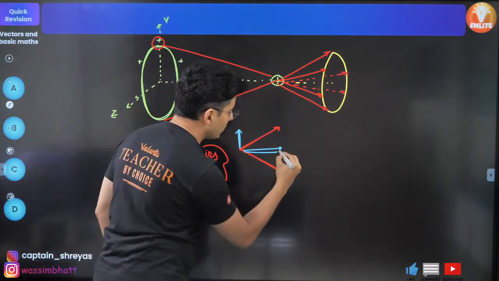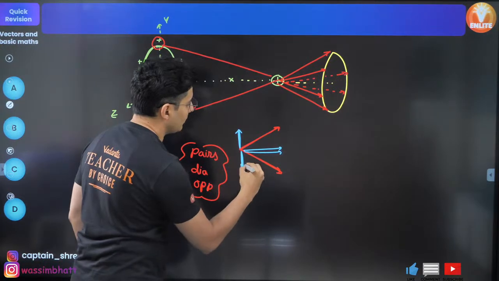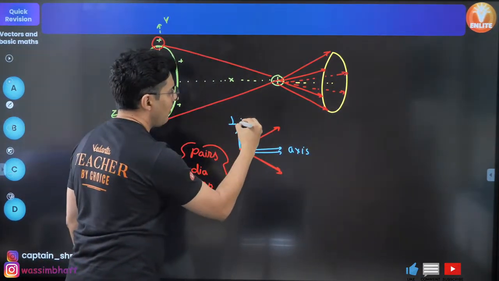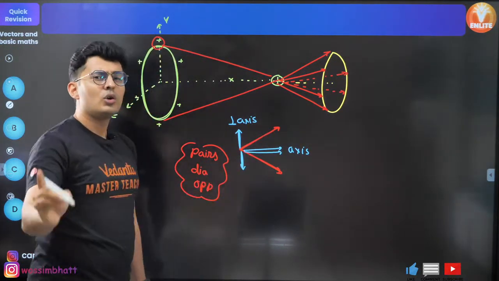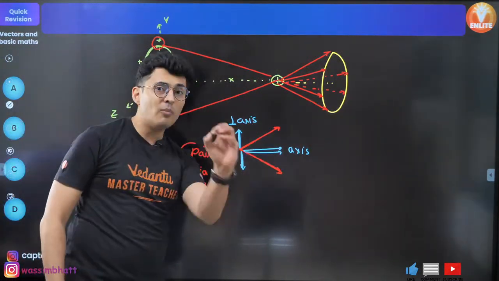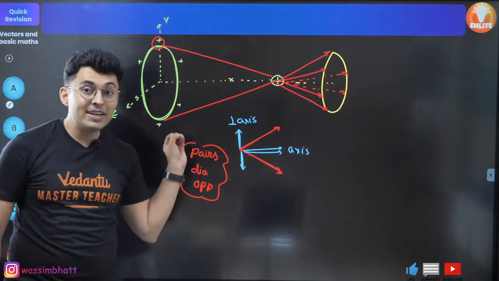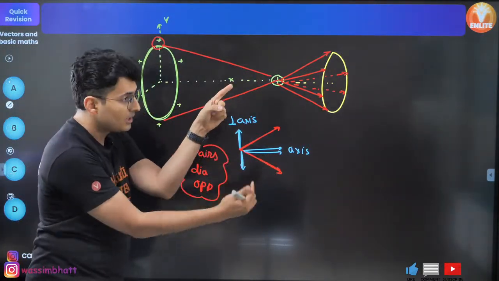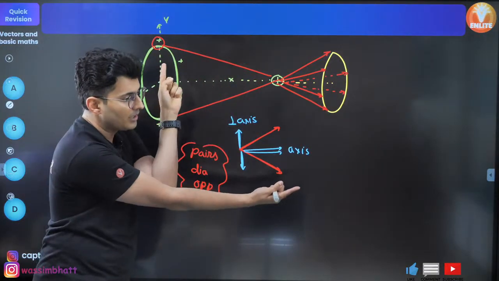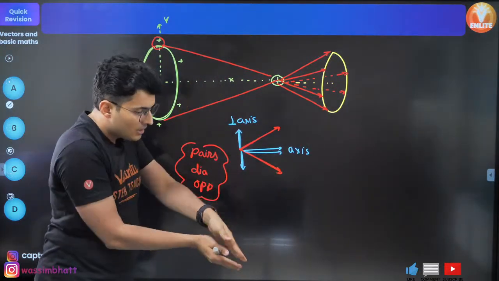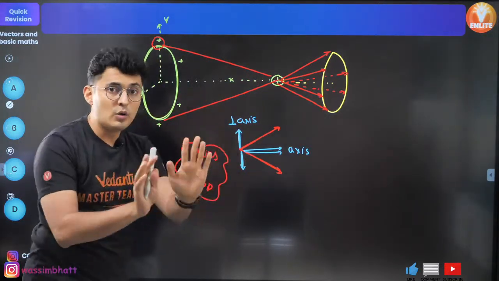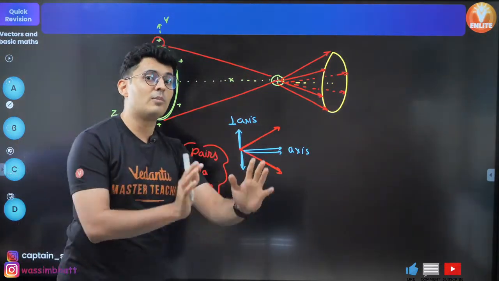This force also, one component here and one component here. This is along the axis. This is perpendicular to the axis. You guys only tell me which components will add. Which components will add? Think carefully. These are two forces. Each force has two components. This one, two components. The one down, two components. Out of all these blue forces, which are the components, which components will add?